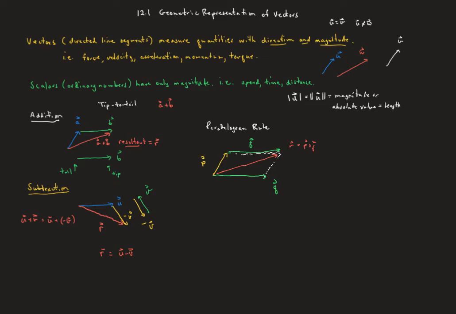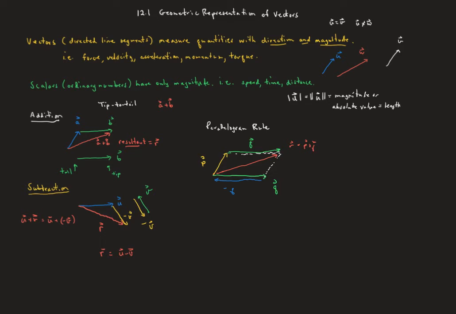Now, if I look at the opposite of q, so I'm going to go the other direction there, that's going to be a negative q. I'm going to stick with the blue.